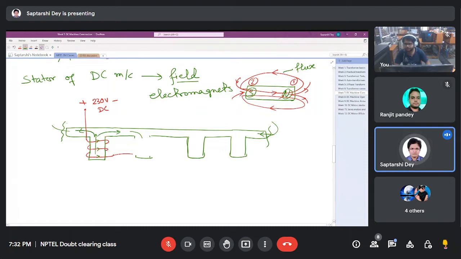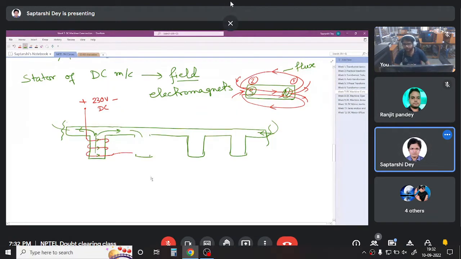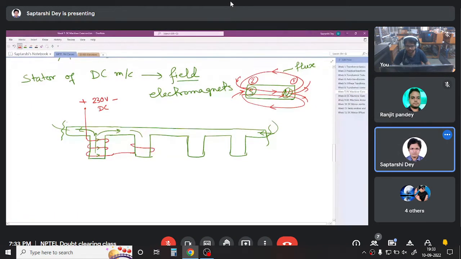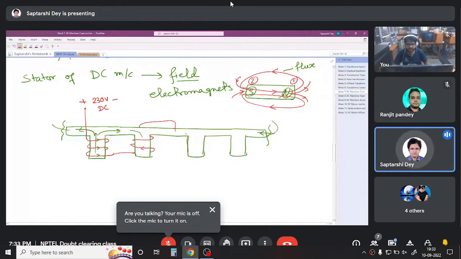So we have to have a north pole here. So it should go like this, is it? Again, it will go to this winding, and again it will create another pole.